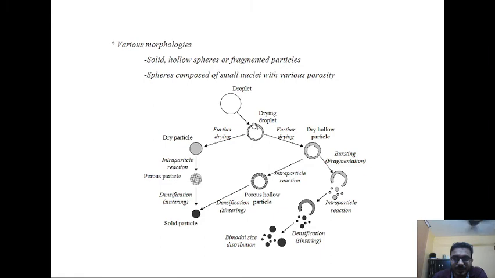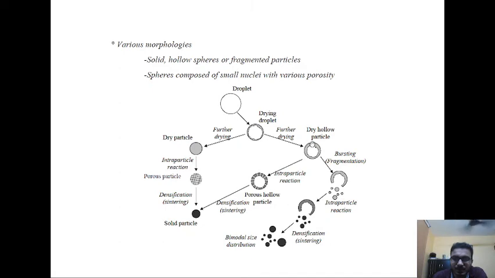So here we have a droplet. The droplet is drying over here. Further drying gives us a dry particle, or it can give us a dry hollow particle. Intra-particle reaction gives us a porous particle, and then sintering, that is a heat treatment process, gives us solid particles.